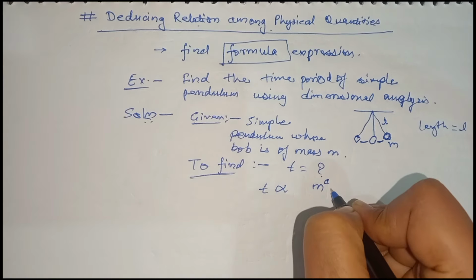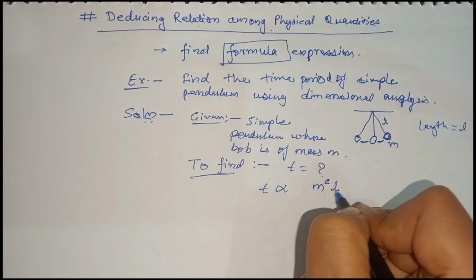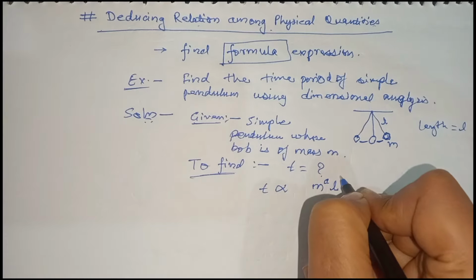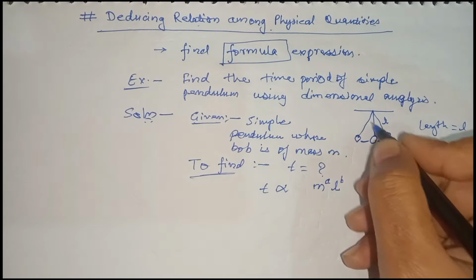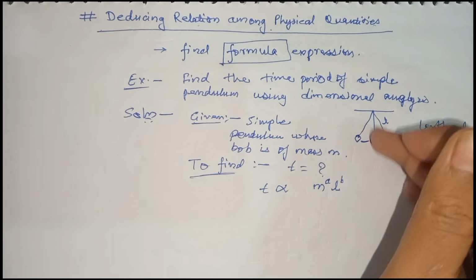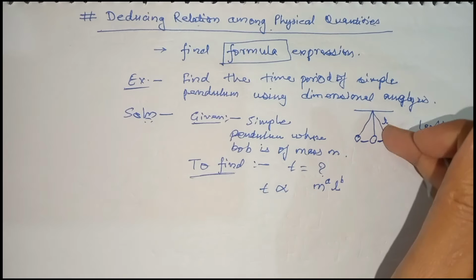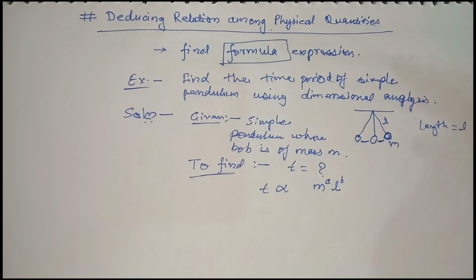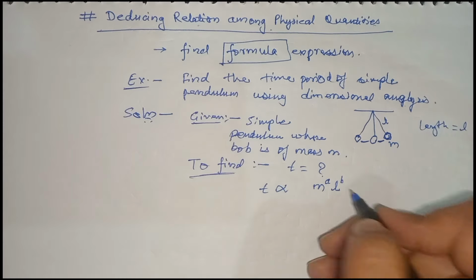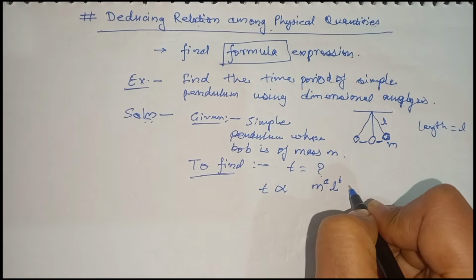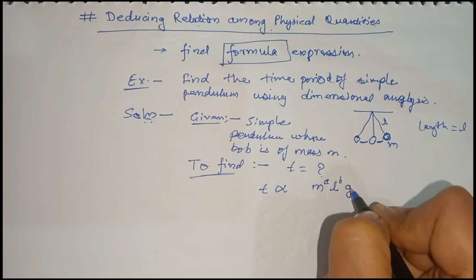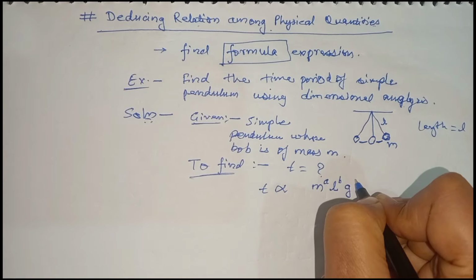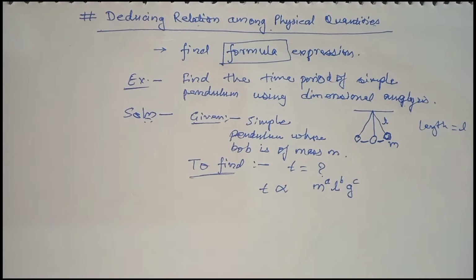Time period will also depend upon the length of the string. Time period will also depend on gravity, because it is falling and moving to and fro with and against gravity. So gravity is one reason for its motion, so gravitational acceleration is taken, whose power, let it be c.